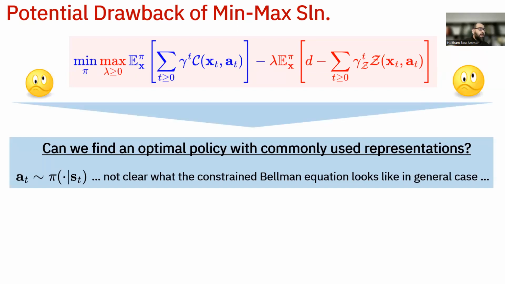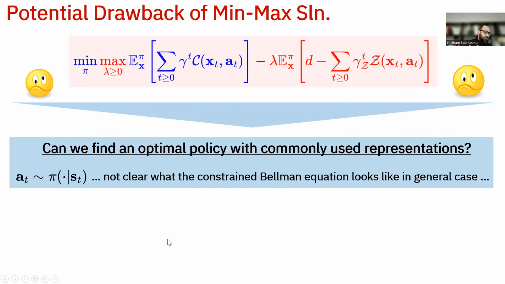The first is that it is not clear if a Bellman-based solution would still exist if we have a constraint MDP in this form, because it really depends on what constraints you are really interested in. And there's not a clear constraint Bellman equation. How would that look in the general case?